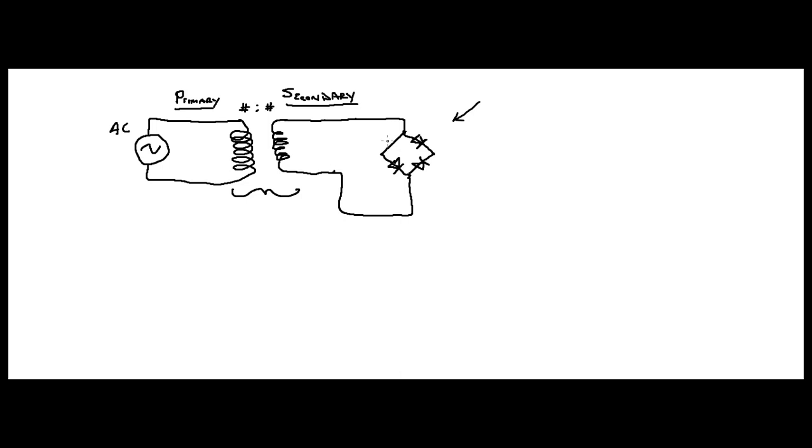And here's one. I'm trying to draw those like diodes as best I can. If you notice, all of the diodes, right, are pointing away from the transformer, right? They're all pointing roughly in that direction.